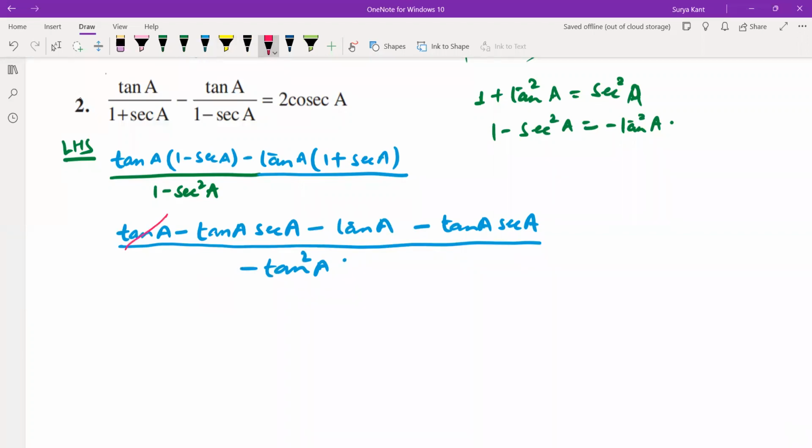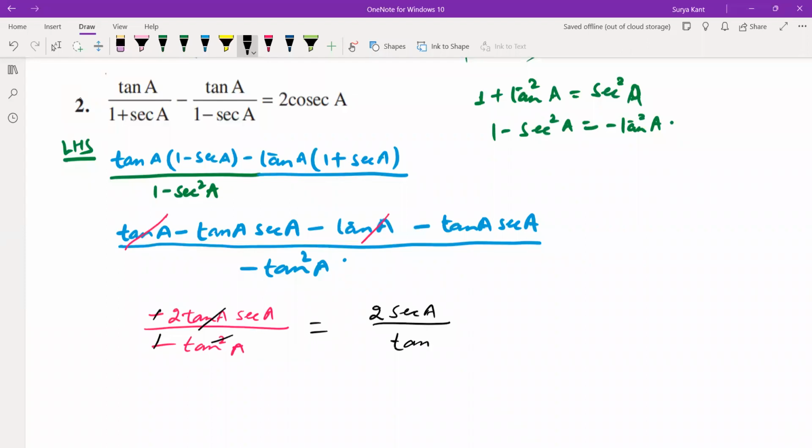So in this case, tan A and tan A will get cancelled. Here we'll get minus 2 tan A sec A divided by minus tan square A. So here minus minus will get cancelled, one tan also will get cancelled. So we get 2 sec A divided by tan A.